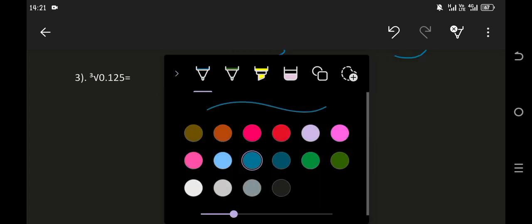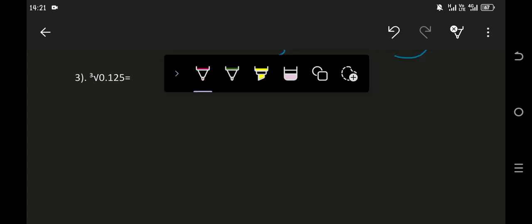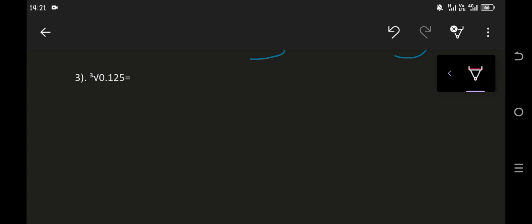We have the cube root of 0.125. So if you have a question like this that involves decimal numbers, you're going to convert it into a fraction. So 0.125 will be 125 all over 1000.